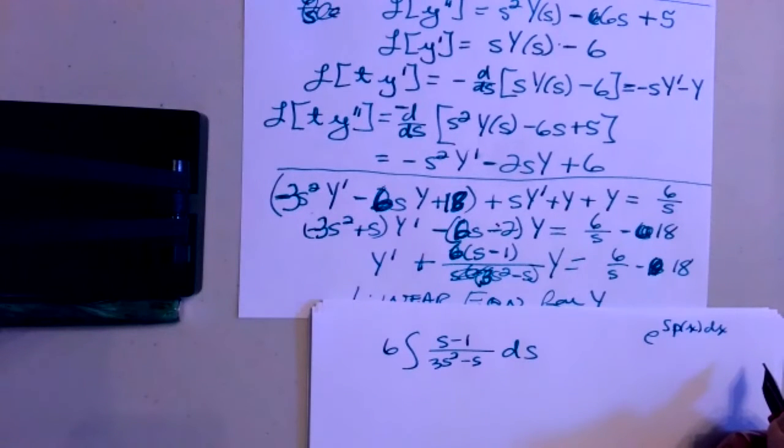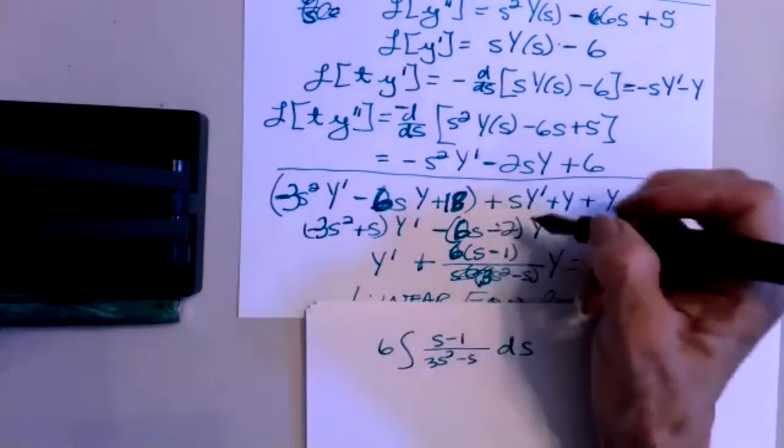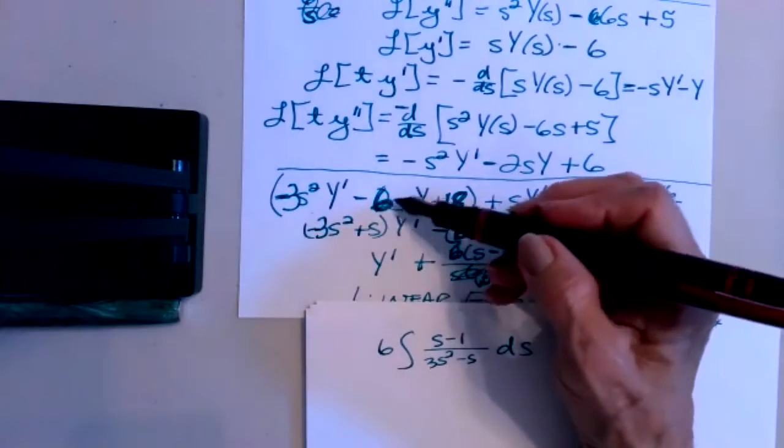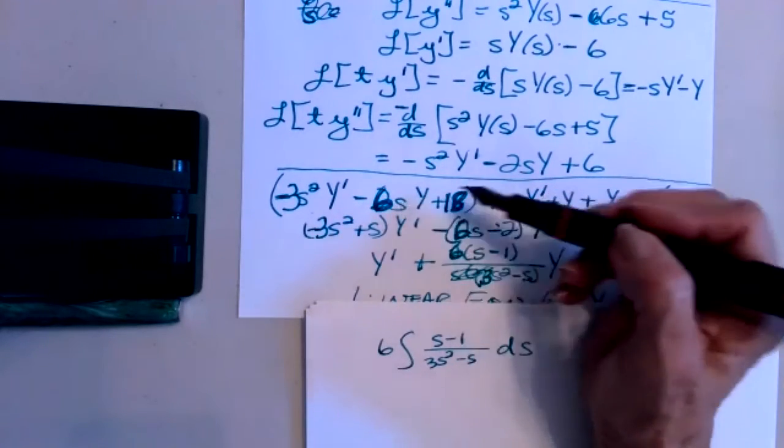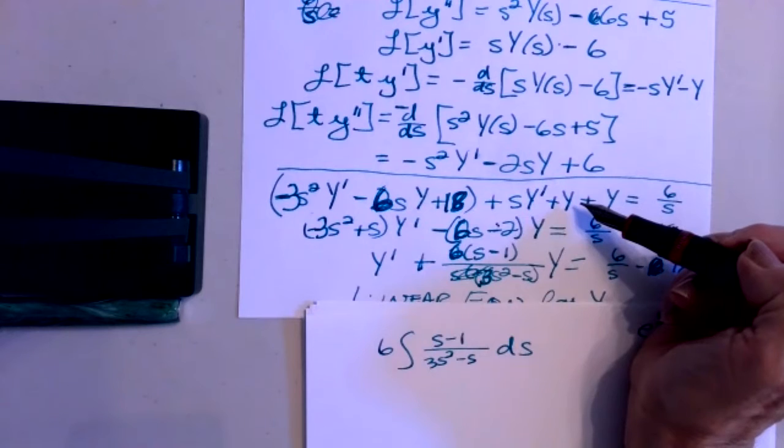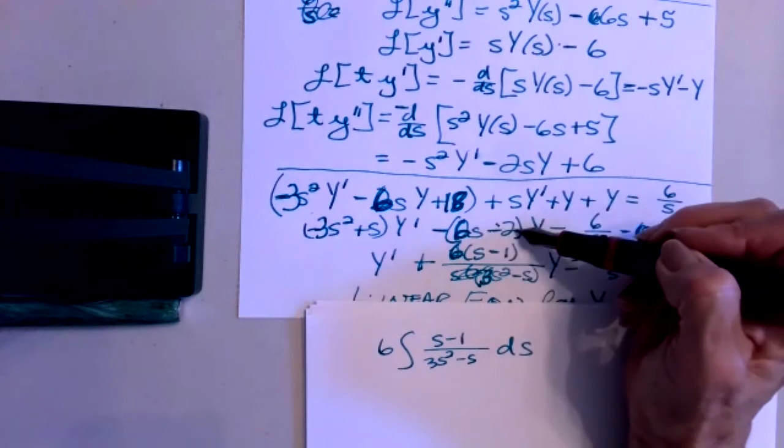Okay, so let's see. That looks like it's going to be a partial fraction. It's a 6s minus 1. Did I do the factoring right here? Maybe I didn't. When I put that 6 in, that gives me a 6s times y, and then a 2. This is a 6s minus 2.